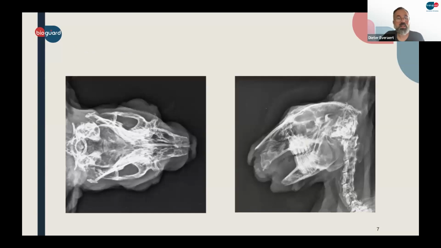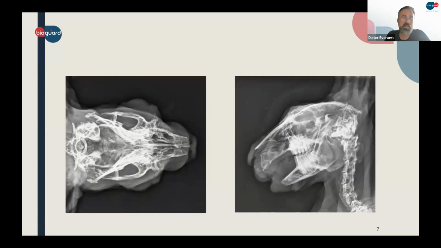So this is a common sign of the bullitis, or a middle ear infection, with most often also inner ear infection. So there's osseous involvement of the bulla.